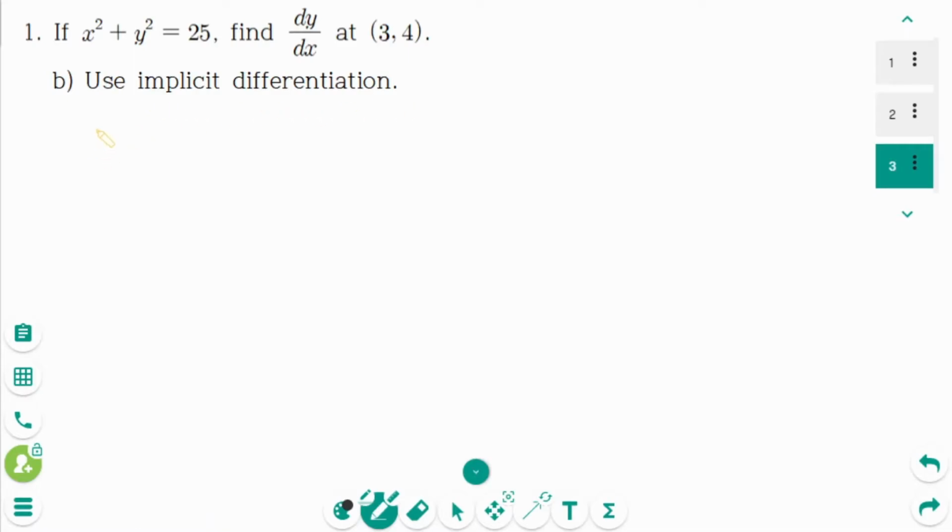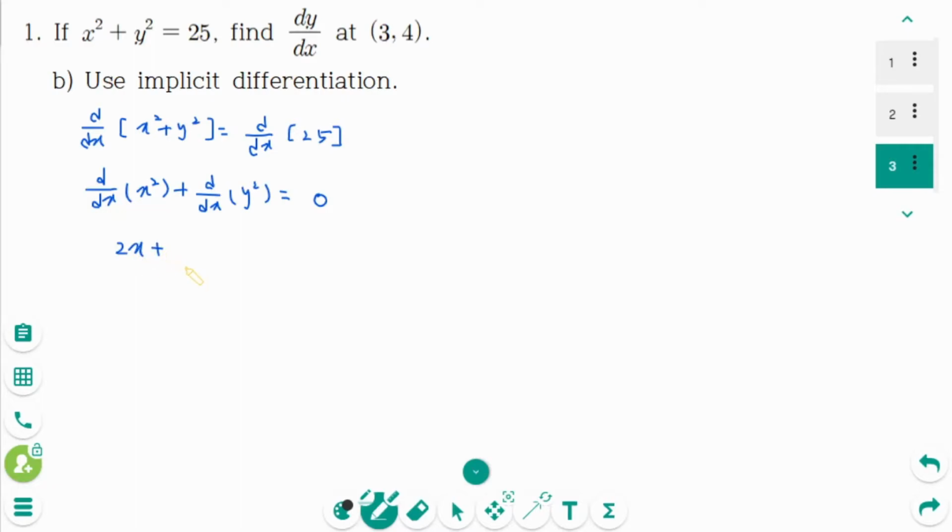Part B, d/dx of (x squared plus y squared) equals d/dx of 25. Then we can rewrite as d/dx of x squared plus d/dx of y squared equals 0. The first one is 2x, plus the second one, just use the chain rule, 2y times dy/dx equals 0.